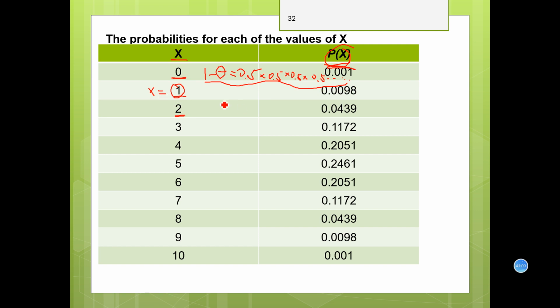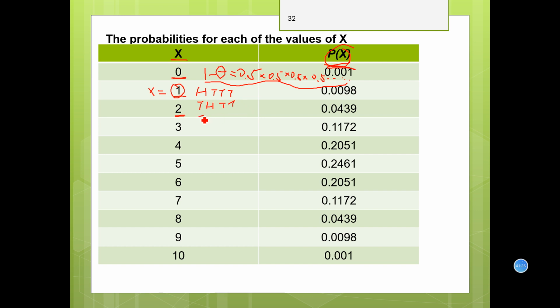There is only 1 head in 10 tosses, but we don't know the sequence. So that means in 10 tosses, maybe the first one is a head and then 9 tails, and maybe the first one is a tail, the second one is a head, and the rest are tails.